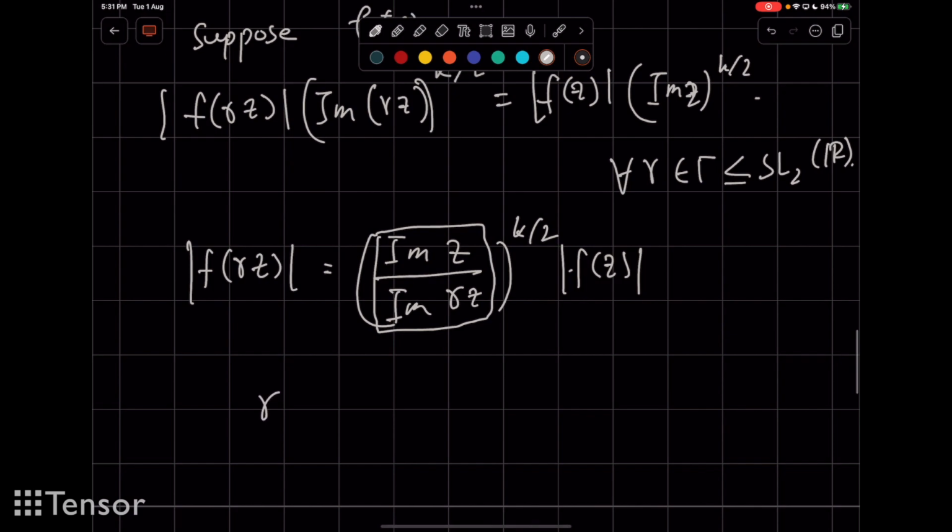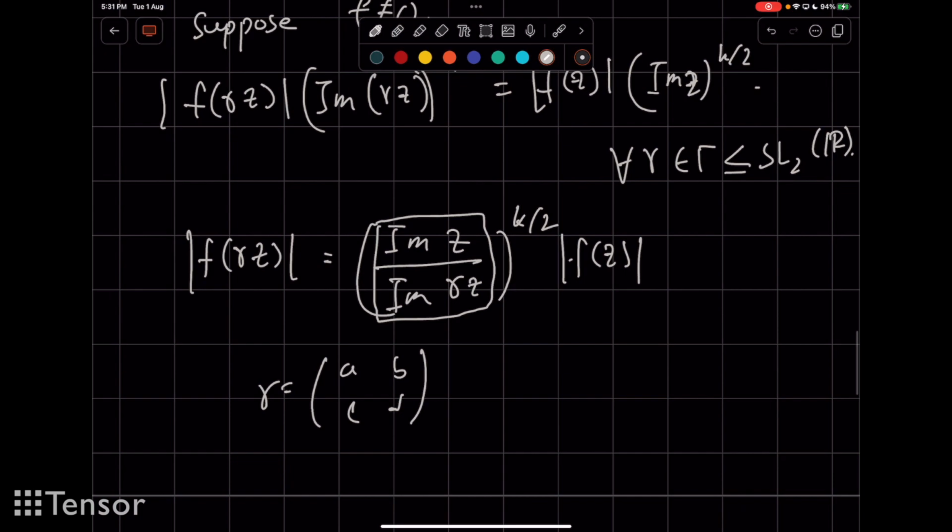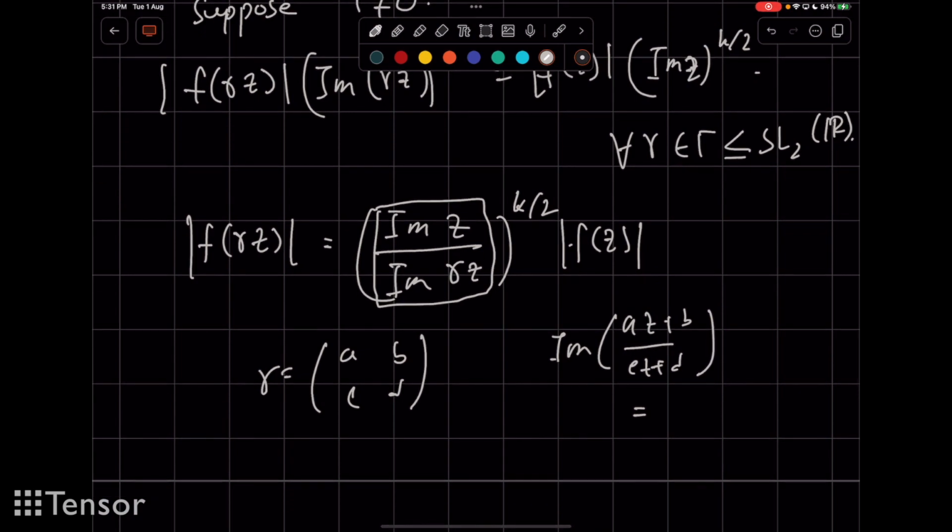Let's say gamma is the matrix A, B, C, D, where AD minus BC is 1, and now A, B, C, D are real numbers. Then what is the imaginary part of gamma z? That is the imaginary part of (AZ plus B) over (CZ plus D). What is this? Can someone tell me?